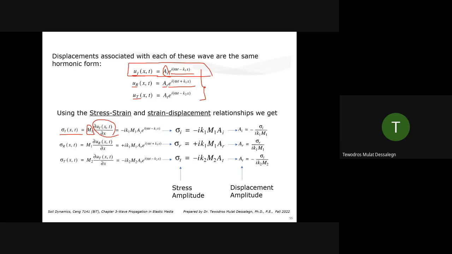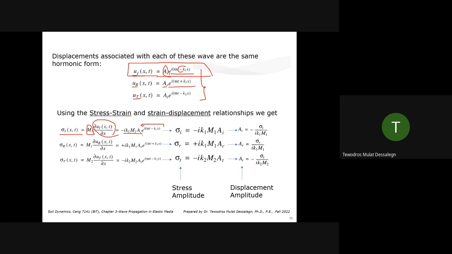It varies with distance and time. If you take the first derivative with respect to x, then minus k1 comes out, and i also comes out. So what you get is minus i k1 M1 Ai, with the same displacement pattern, the same complex pattern.